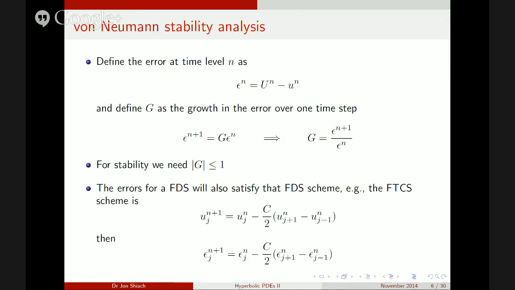You may notice here I've used j as a subscript, whereas in the last week and last set of slides, I used i. I've done this just for this von Neumann stability analysis because we use complex numbers. I'm using i to denote the square root of -1.